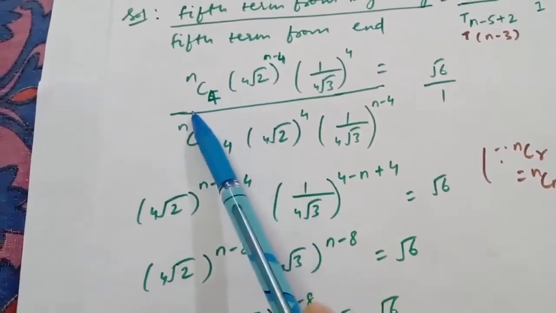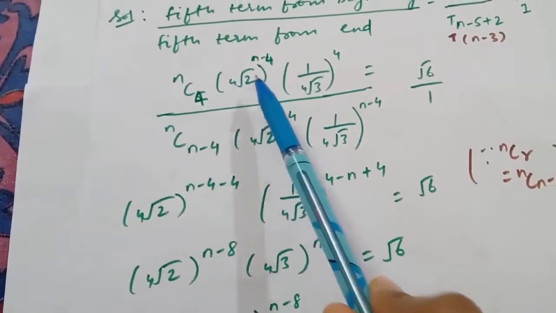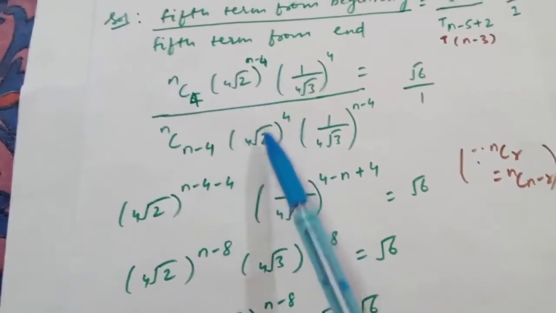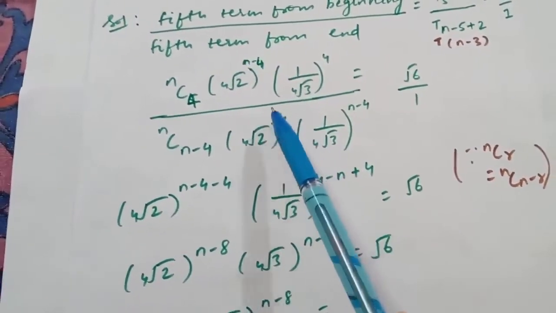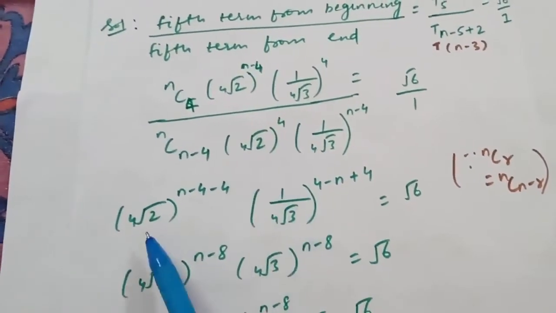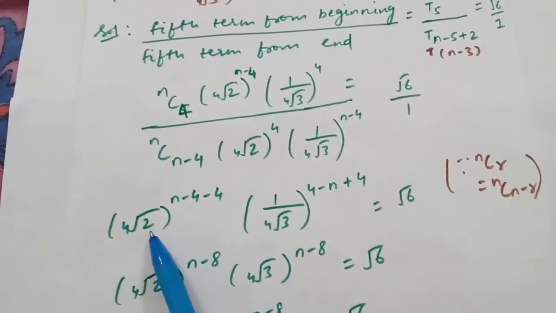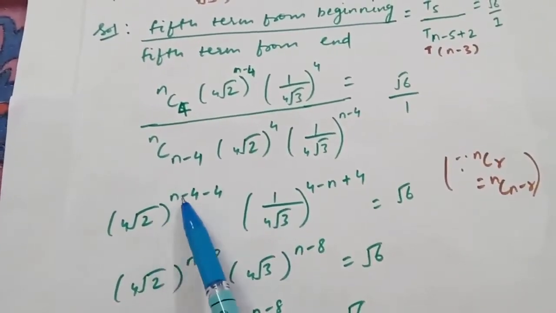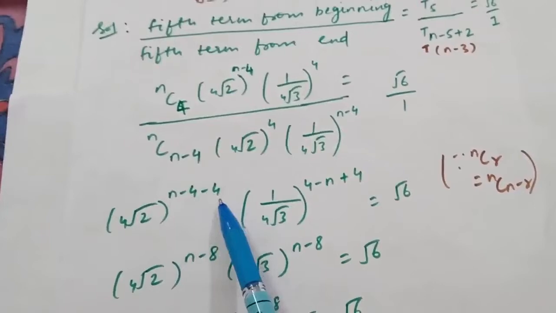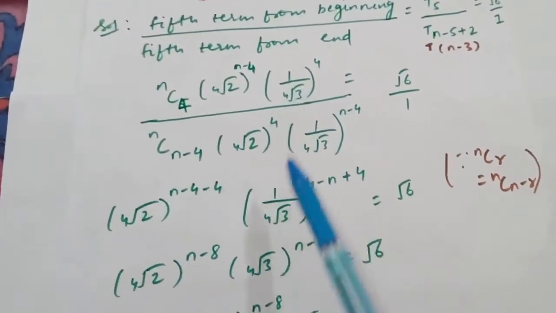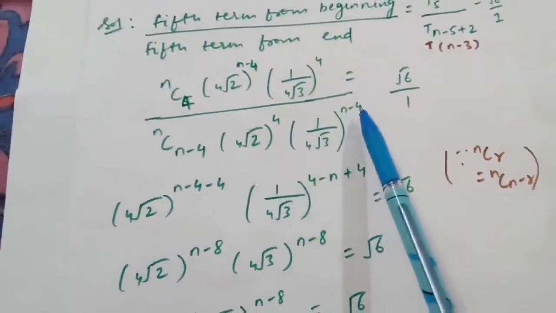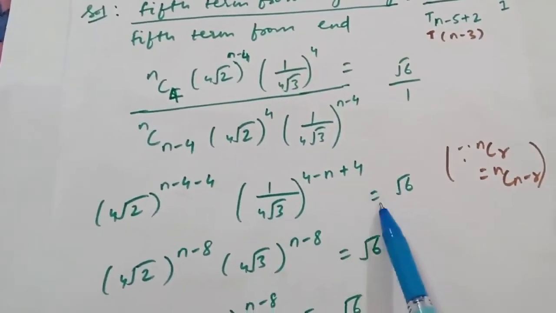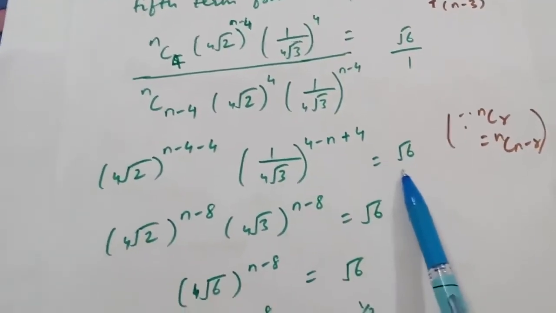So cancel these two. Now bases are same, so subtract the power, right, because this is in the denominator. So fourth root of 2 raised to the power n minus 4 minus 4, and in this subtract the power once again. So 4 minus n plus 4 equal to root 6.